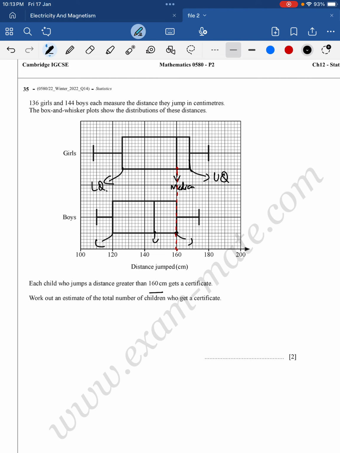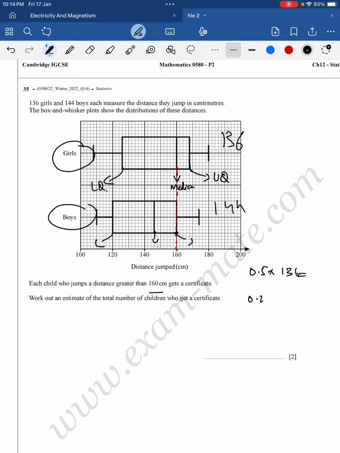The median is 0.50 and the remaining is also 0.50, so 0.5 multiplied by 136 girls. The upper one is for girls, right? So 136 girls and 144 boys. In the second box and whisker plot, we have the 160 line over here, which is the upper quartile, and the remaining upper region is 25%.